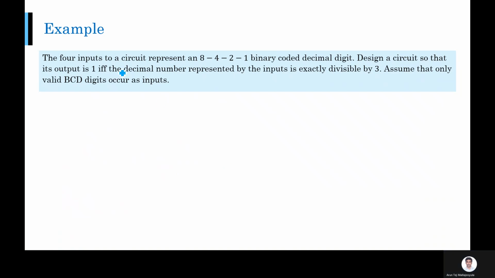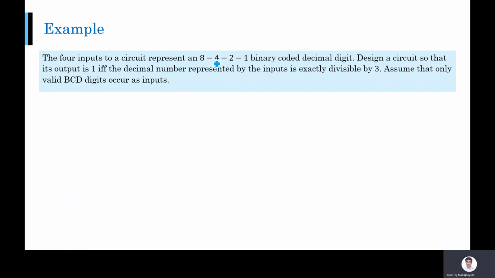Before that, you have a circuit with 4 inputs having weights 8, 4, 2, 1. So it's BCD, binary coded decimal digits. You want to design a circuit in such a way that its output is 1 if and only if the decimal number represented by the input is exactly divisible by 3.